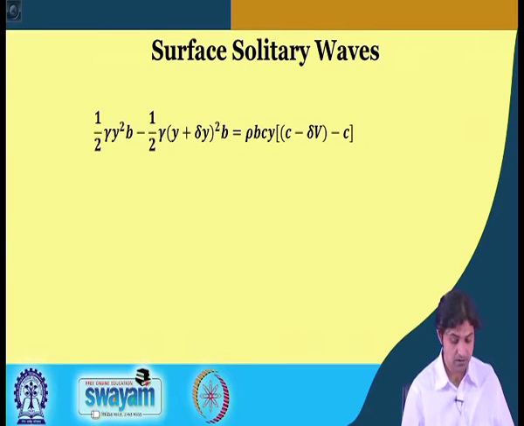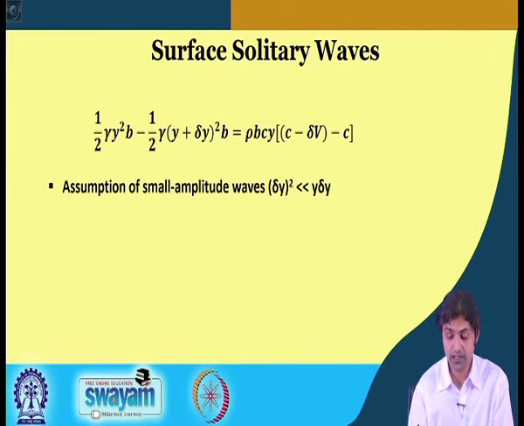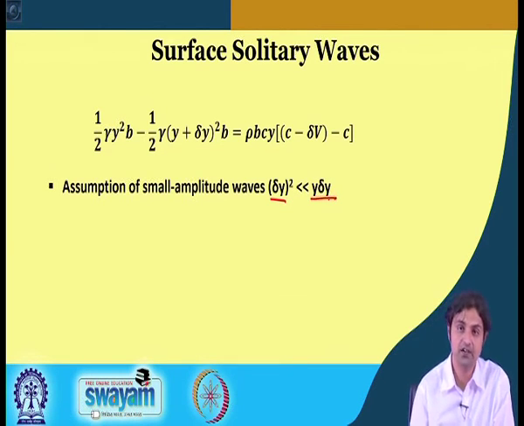If you assume that delta y is small, the small amplitude wave theory is already assumed, so delta y is very small compared to y. Therefore, delta y square will be even smaller. So, we can assume that delta y whole square is very much less than y multiplied by delta y.